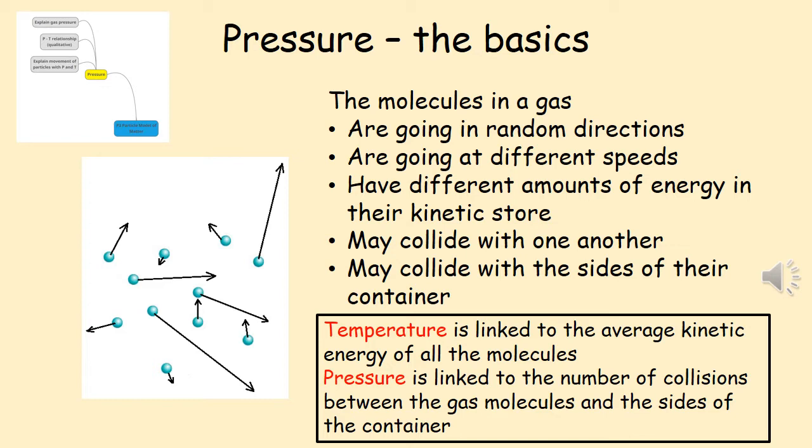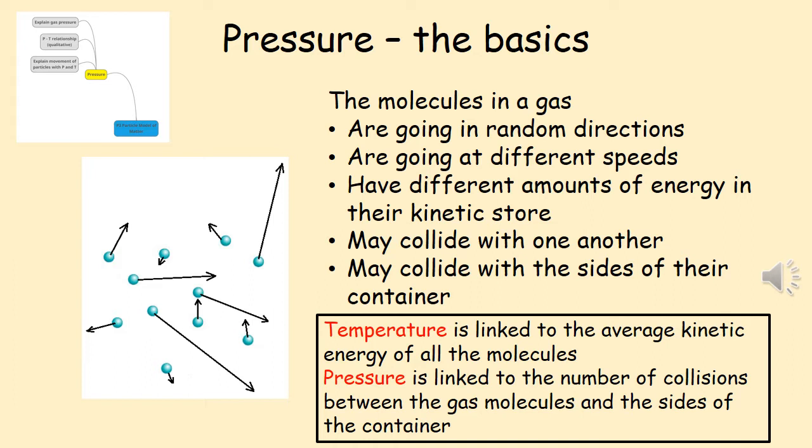Now the molecules may collide with one another, and they may collide with the side of the container they are in. Now two things to link in here. Temperature. Temperature is linked to the average kinetic energy of all the molecules. So if I transfer some energy into the gas, the average kinetic energy of the molecules will go up, and therefore the temperature will go up.